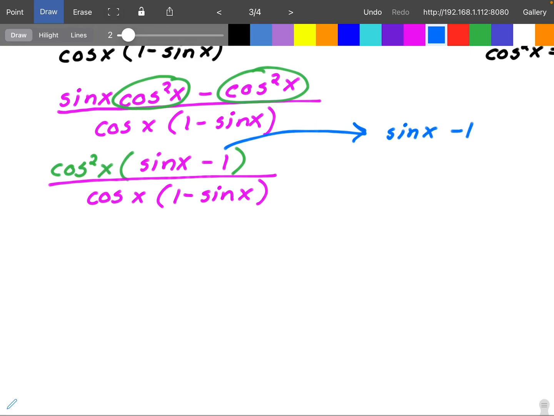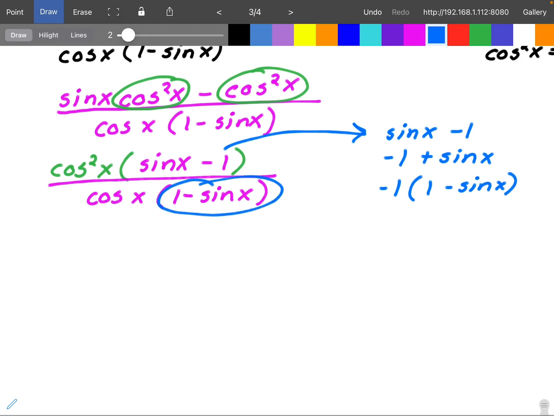So I can, if I want to, switch this around and say that's negative 1 plus sine x. And then I say I could factor out a negative 1, and that would leave me with positive 1 minus sine x. And that now matches this for us to be able to cancel.